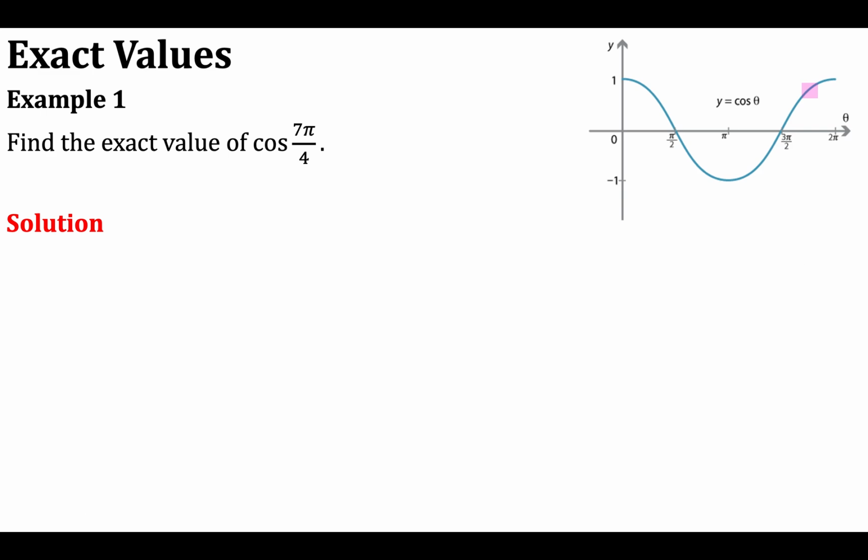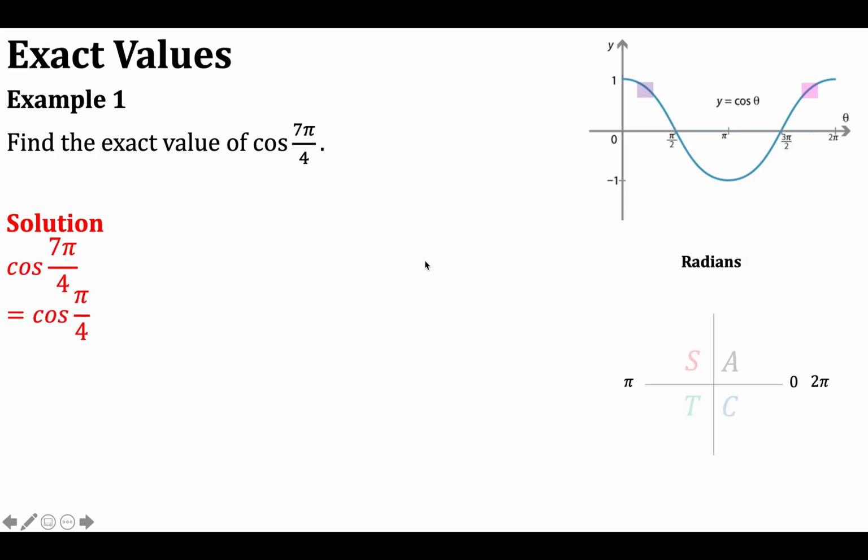And you might be able to see that that is the same as cos of pi over 4, because it is the same distance away from 2 pi here and here. So those distances are both pi over 4.